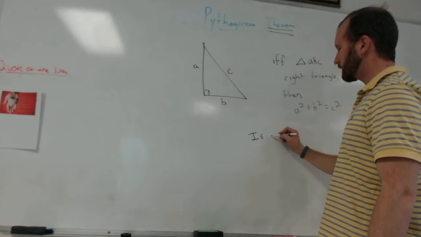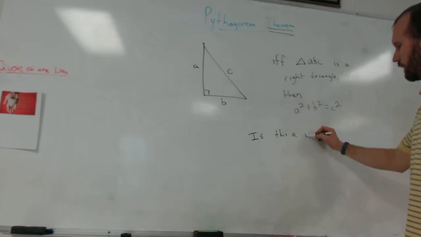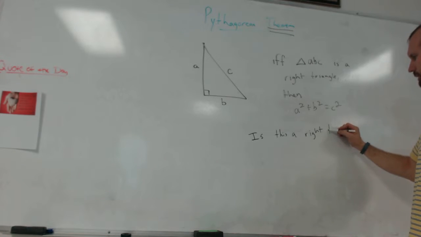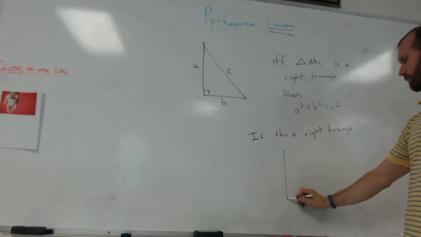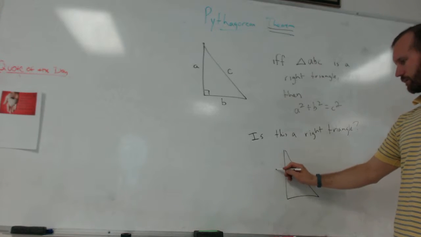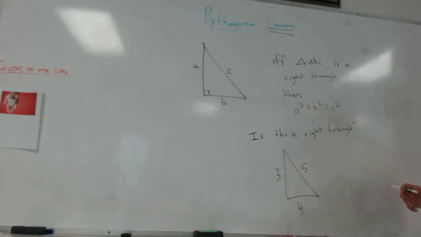So is this a right triangle? 3, 4, and 5. How will we know if that's a right triangle or not?